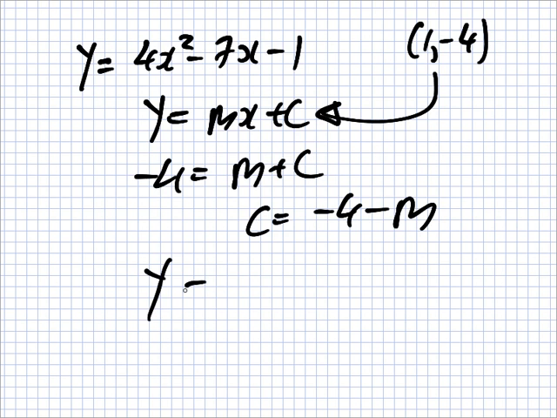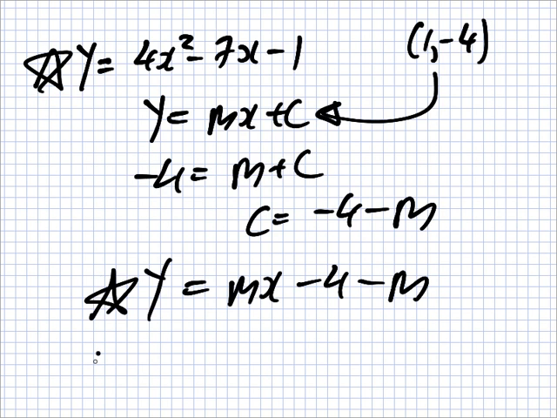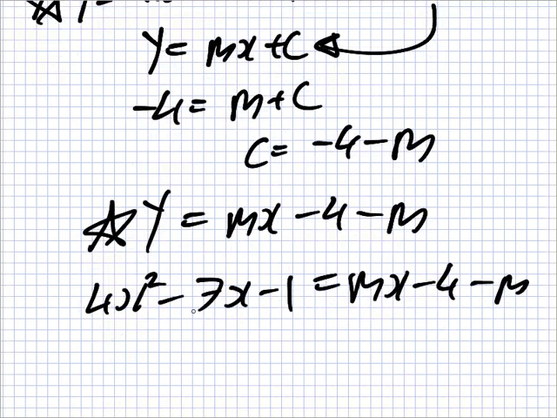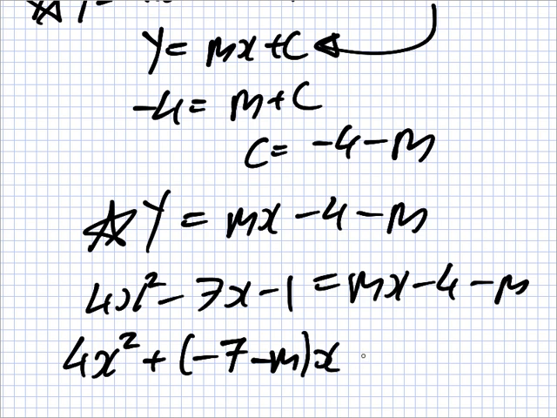So my tangent line is y equals mx minus 4 minus m. But if it's a tangent, then these two should only have one solution. So that equals that. So you get 4x squared plus minus 7 minus m x plus m minus 1.